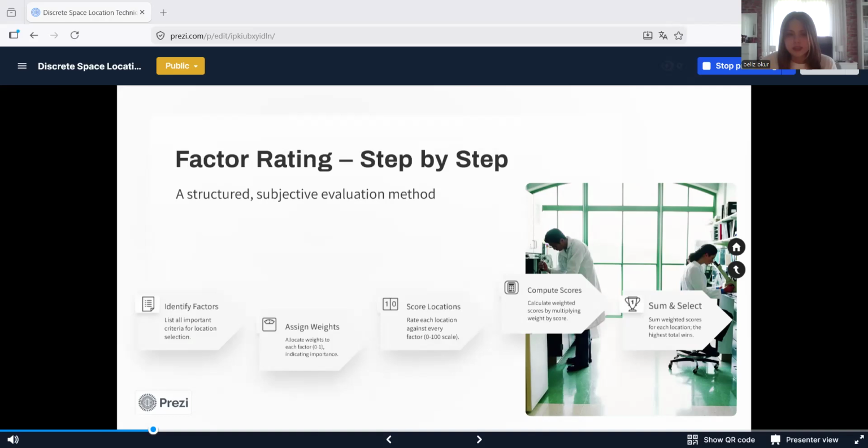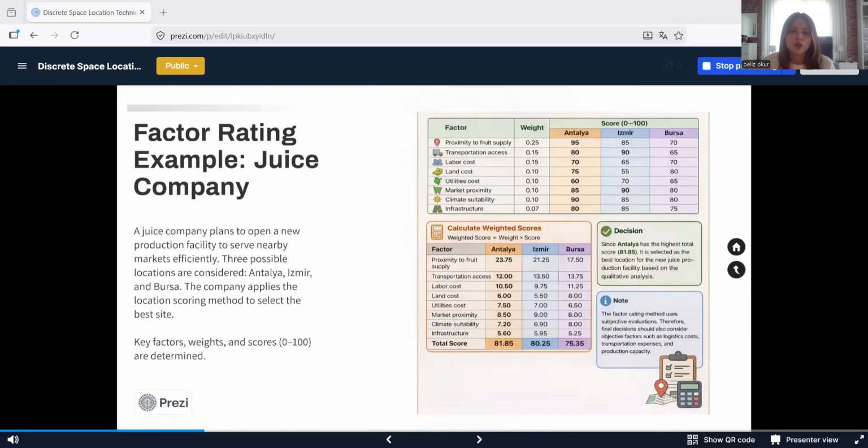Let's look at an example. With a juice company example, they are looking at Antalya, Izmir, and Bursa to expand, to open new facilities. We have listed our factors, things like proximity to food supply, transportation access, labor cost, land cost, utility cost, etc. We gave them weights and we score the cities.